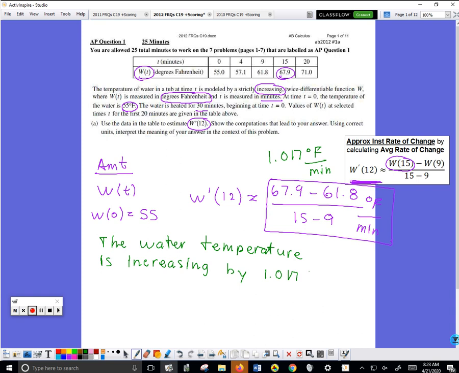This board is a little bit of a problem. Increasing by, this should be by approximately. The board's kind of messing me up here, because it's not increasing by that exact rate, but it is increasing by approximately this many degrees Fahrenheit per minute. Per would be fine.